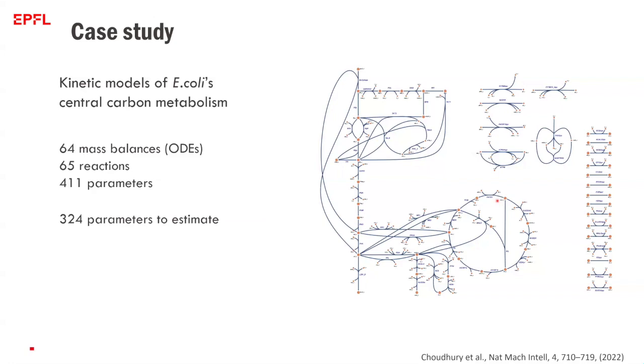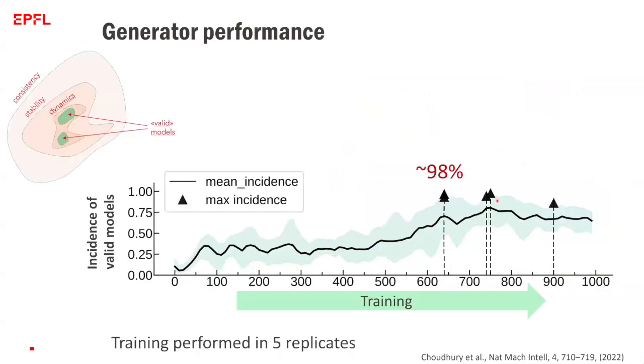And what I'm showing here is how the training goes in this particular case. As you can see, as the training goes, the percentage of the models that belong to what I call valid models, to a green patch, goes from something very close to 0 to 98%. And in some cases, we would go even to 100%.